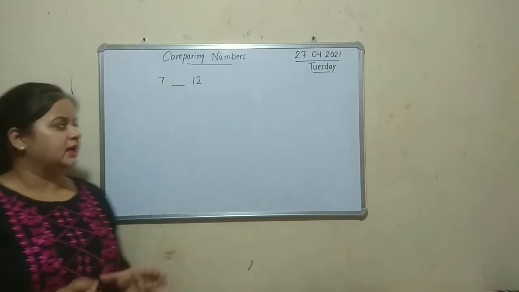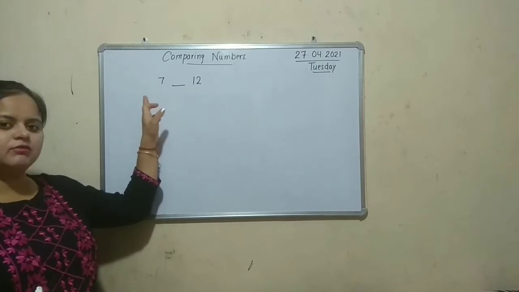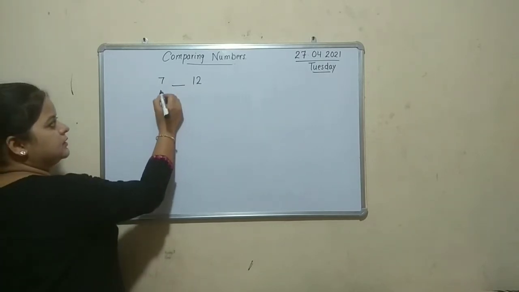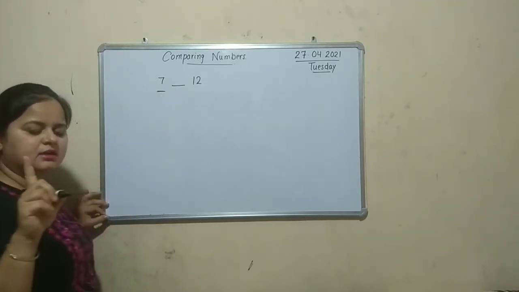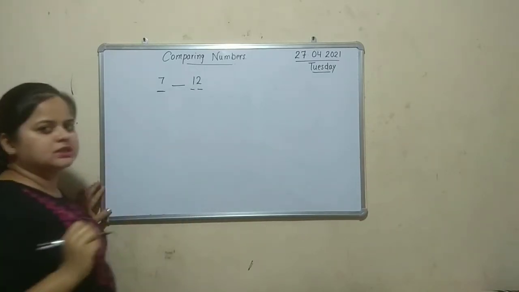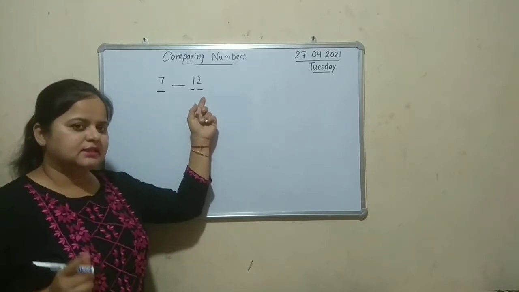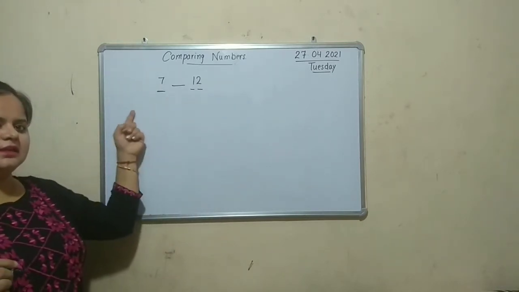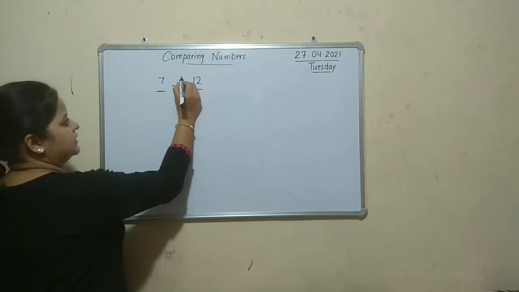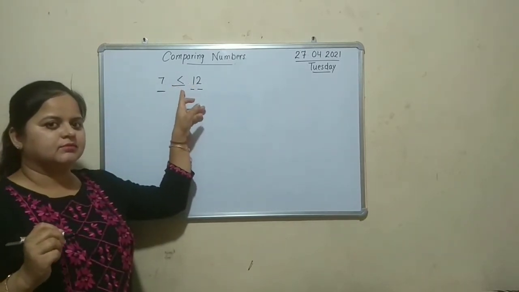Always keep in mind that the two-digit number is always greater than one-digit number. Here 7 is only one-digit number and 12 is two digits number. So meaning, yes, 12 is greater than 7. So we can put that sign of comparison.